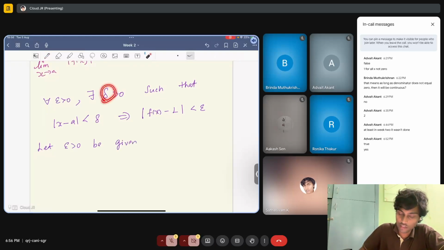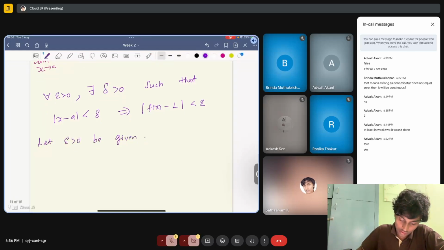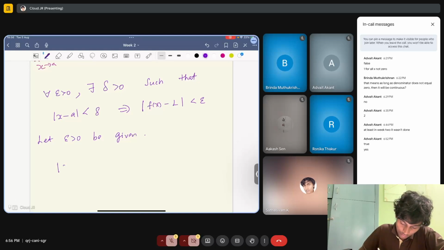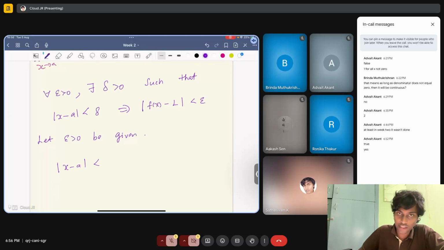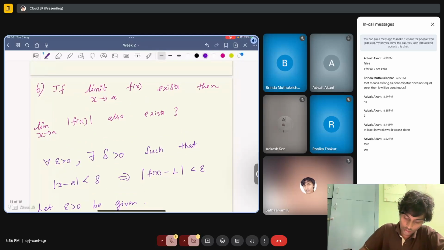What I need to find is this delta, such that whenever x minus a is less than, let's say, delta, well, this delta and the earlier delta need not be the same, so maybe I'll change it to some other symbol, say gamma, but I don't know if you're okay with that. Let me write delta of mod f. This is a delta for this function and I have a different function here.